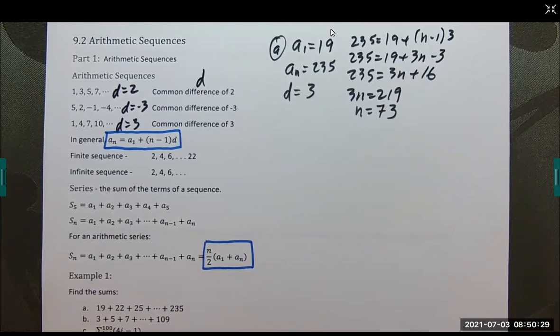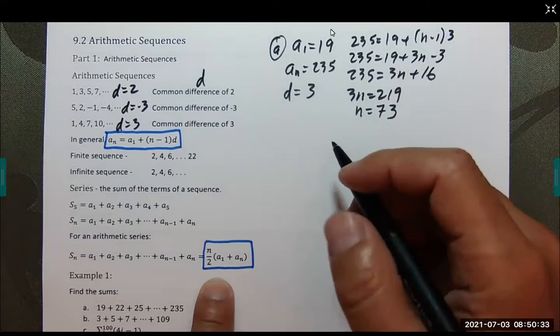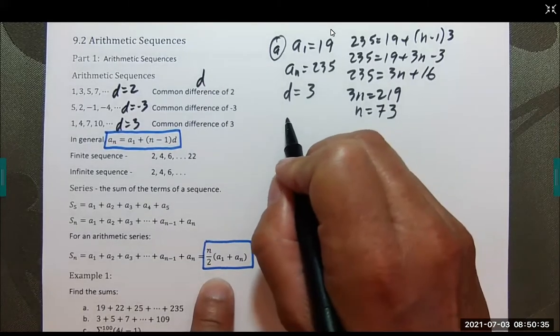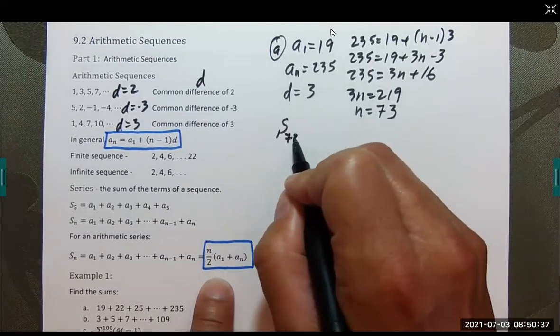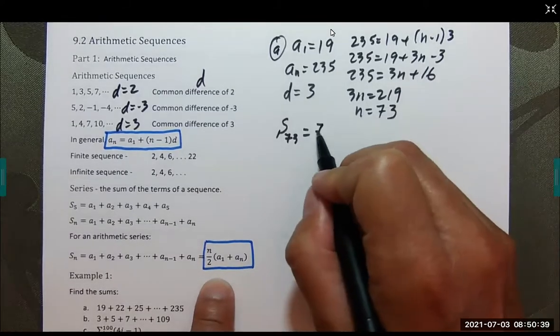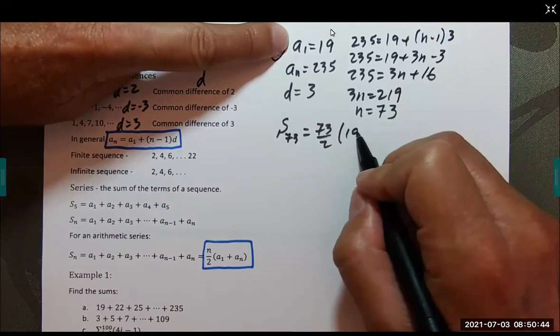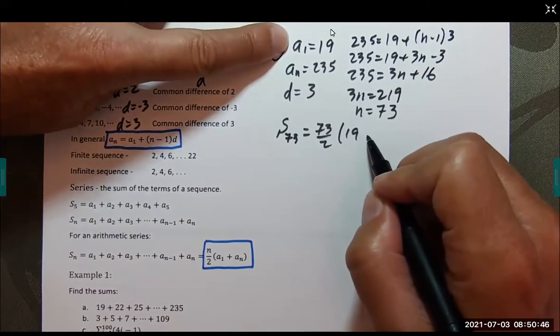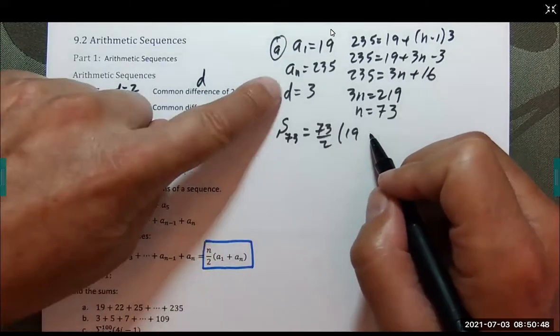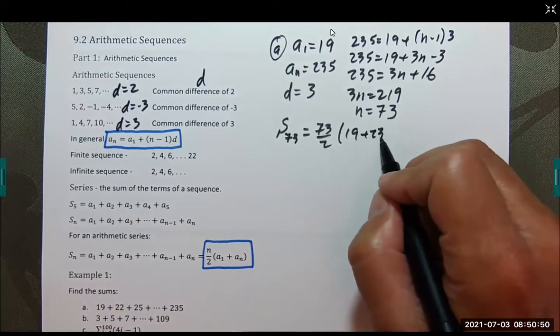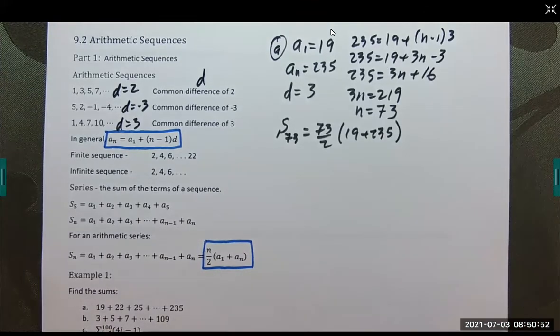Now that I have that information, I can get the sum. So now I'm going to do the sum of the first 73 terms. 73 over 2. A sub 1 is 19. A sub 73, we now know, is 235. Let's see what we get.